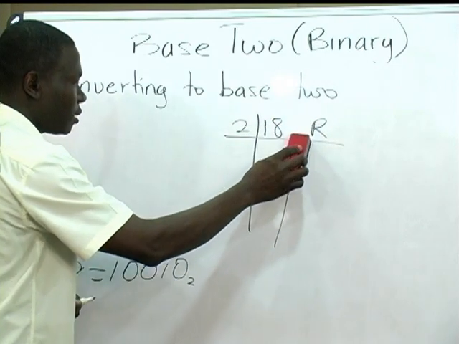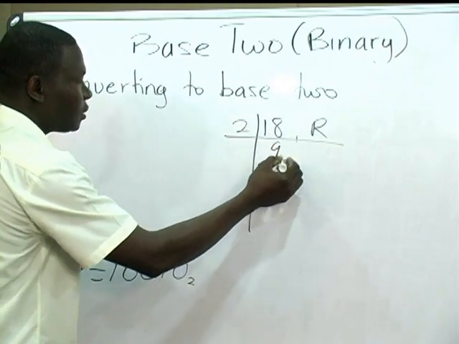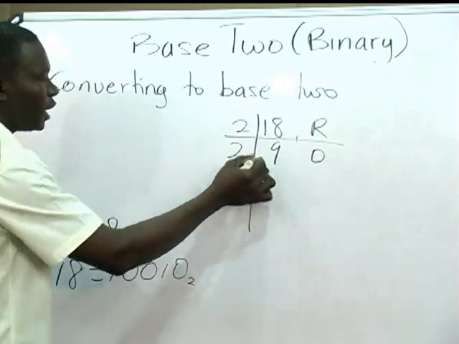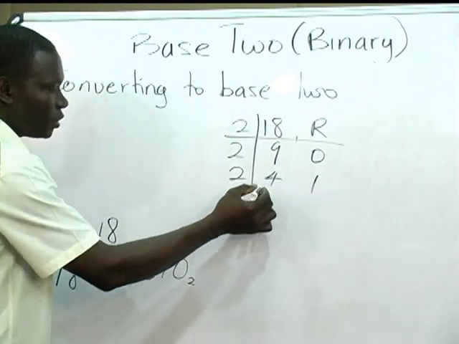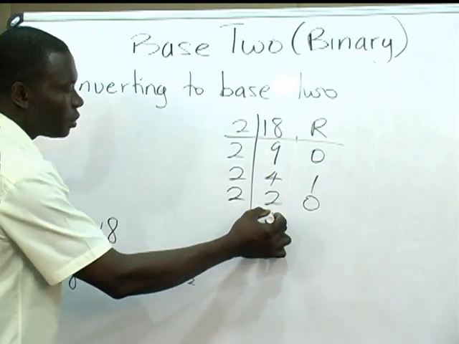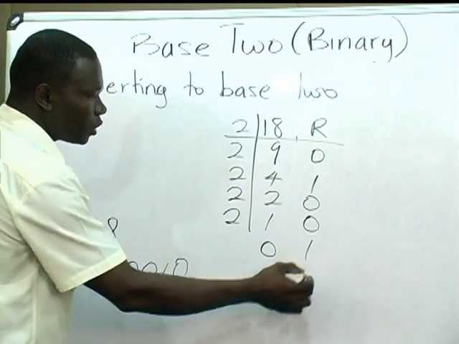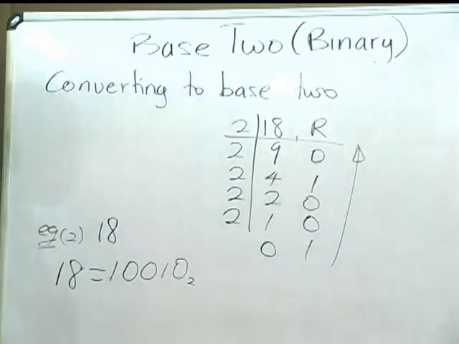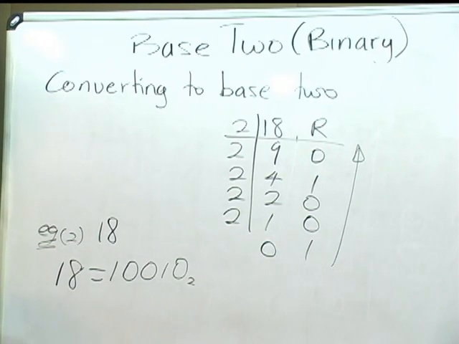So we say that 2 into 18, 9, remainder 0. 2 into 9, 2 4s are 8 and 1 remainder. 2 into 4, 2 and no remainder. 2 into 2, 1 and no remainder. 2 into 1, 0 and 1 remainder. And we list the numbers from bottom going up. And is it the same number as Harish provided? Yes, it's the same number that Harish provided.